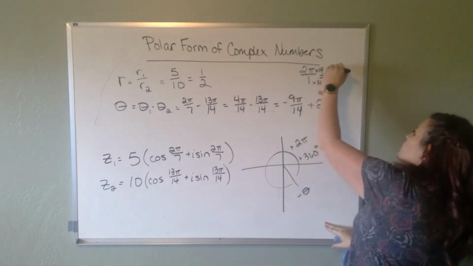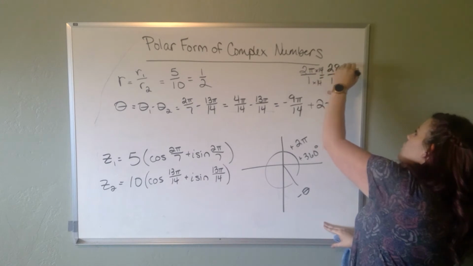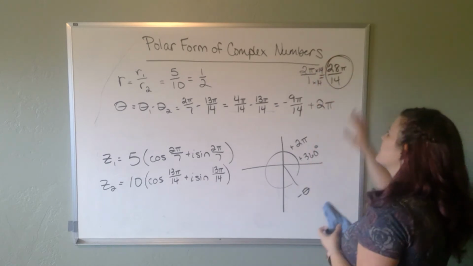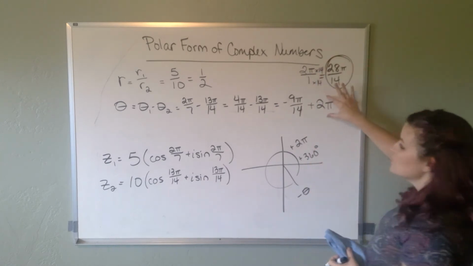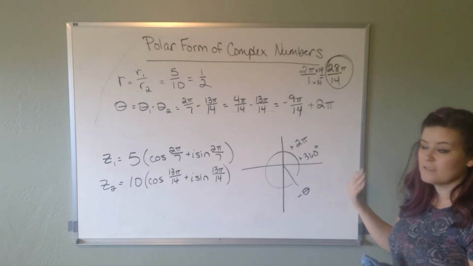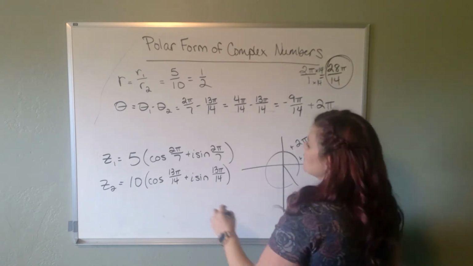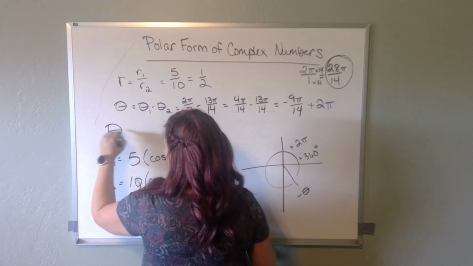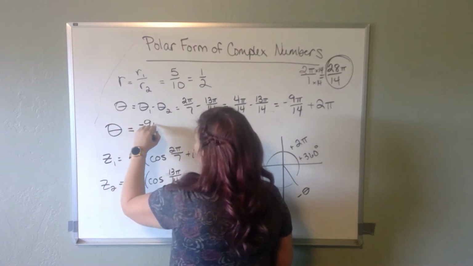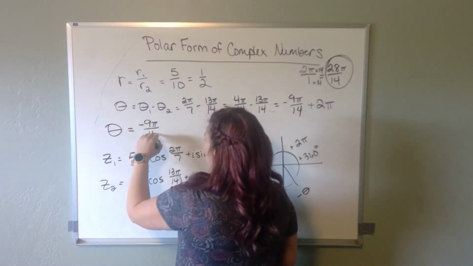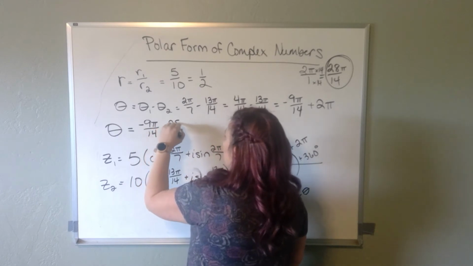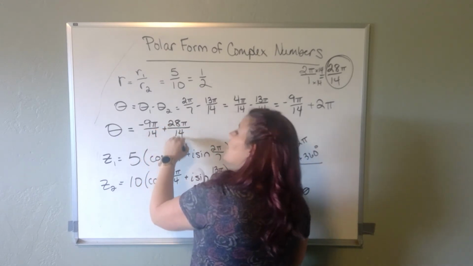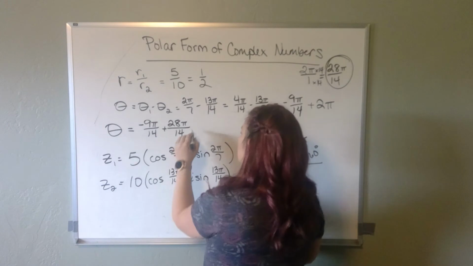So I end up with 28 pi over 14. This is the same thing as 2 pi, but I'm going to use it here so I can add the two fractions together. So my theta is negative 9 pi over 14, and I'm going to add 28 pi over 14 so I can get a positive version of that angle.